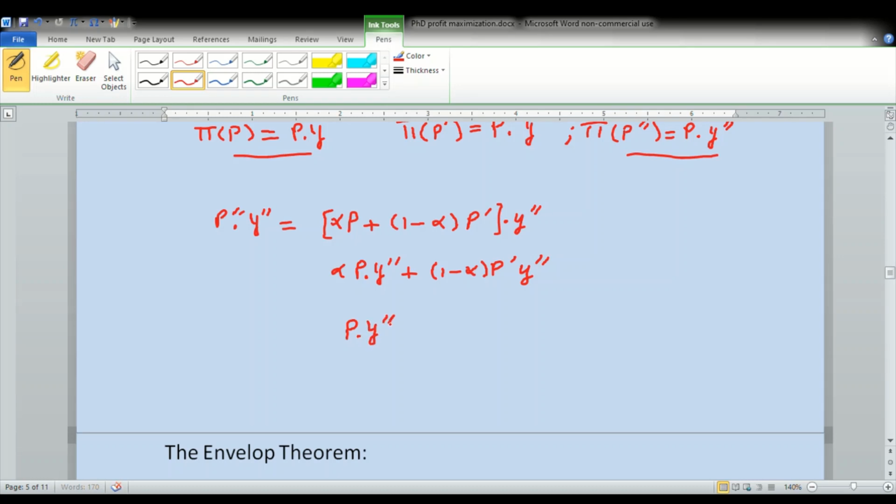This must be less than or equal to P dot y, because at P, y is the profit maximizing net put vector. So at P, any other net put vector should be giving a smaller profit. And because this is true, I can multiply both sides by alpha.